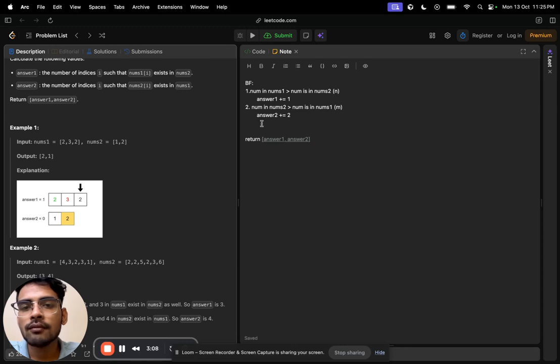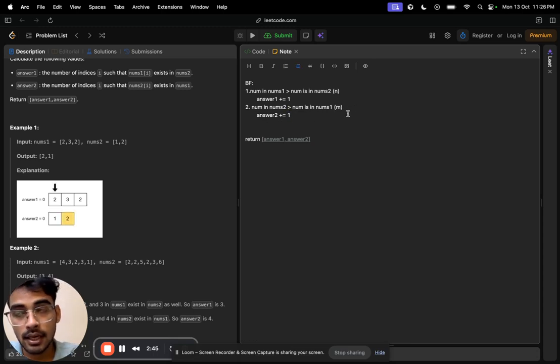Now again we have to iterate through nums2 and see if each element inside nums2 exists in nums1. So again we will be running the loop in nums2, and for each individual num in nums2, does it exist in nums1? If yes, then we will be increasing the count by 1, right?